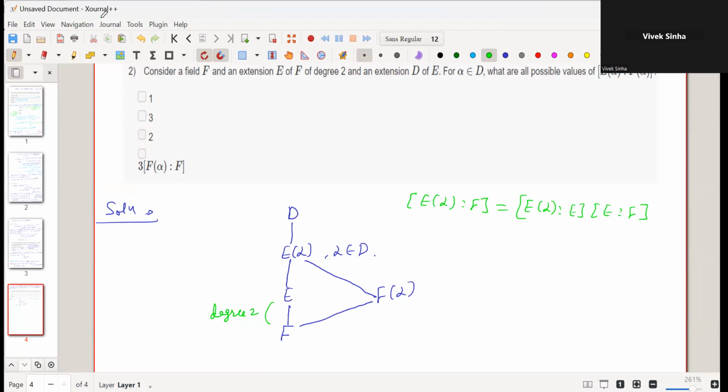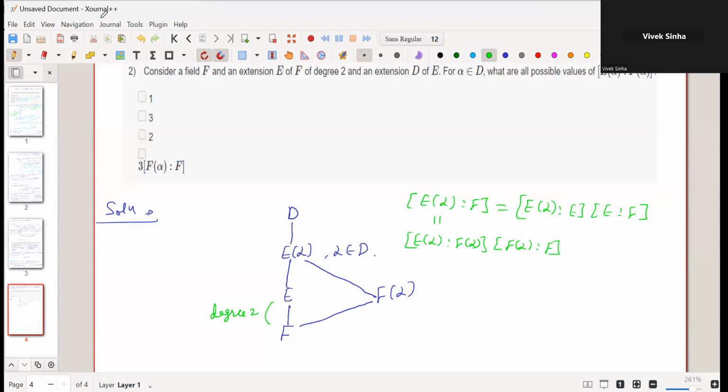The other way is to go through here. So this is also equal to E alpha over F alpha, times F alpha over F, right?